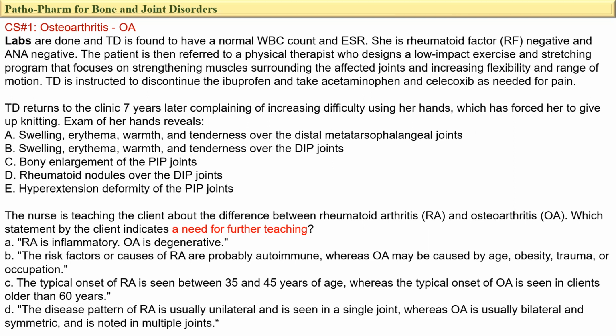When these bony enlargements are found in the PIP joints, they are identified as Bouchard's nodes. When affecting the DIP joints, they are called Heberden's nodes.